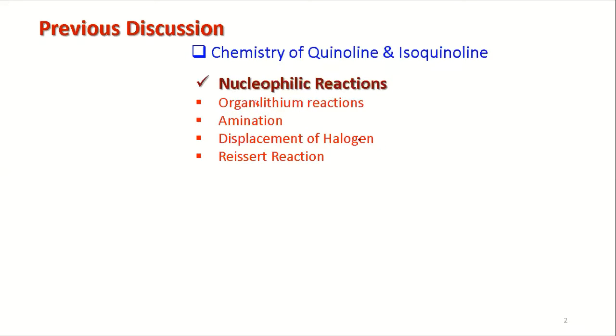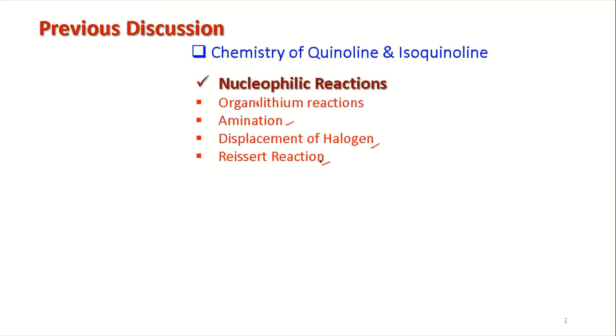We have seen the amination reaction. We have looked into the displacement reaction, displacement of halogen, and a very special reaction, the Reissert reaction, and its application we have seen.